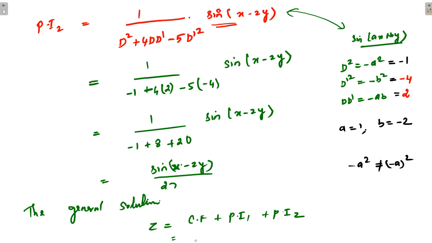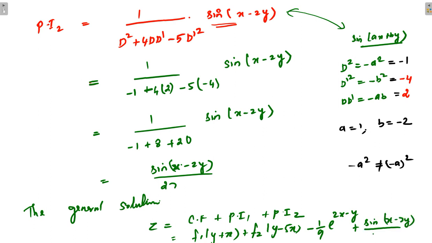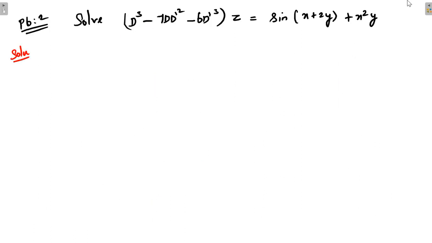So which is equal to F1 y plus x plus F2 y minus 5x minus 1 by 9 e power 2x minus y plus sine x minus 2y divided by 27. So solve this second problem.